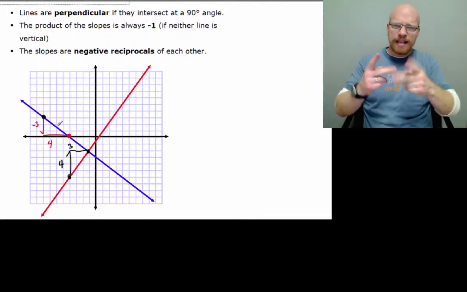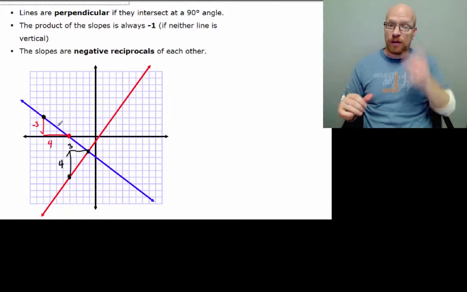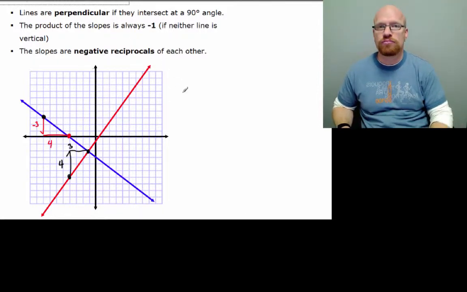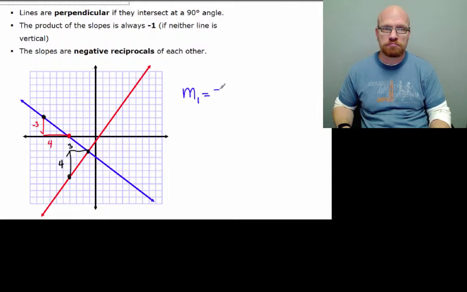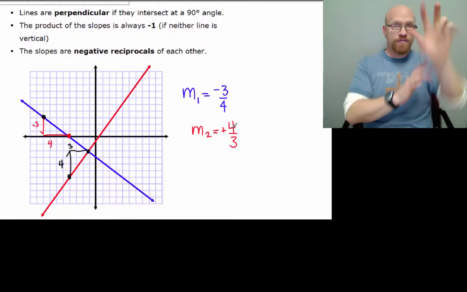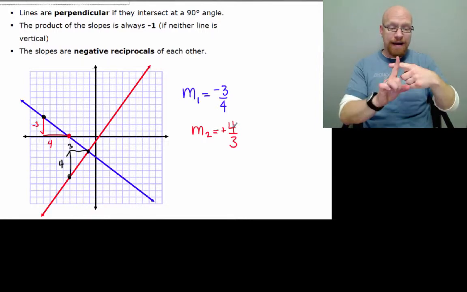Had to find good places to use for the slope, make sure it was clear. So now we can see we have the blue line, we have negative 3/4. For the red line, the second slope will be positive 4/3.